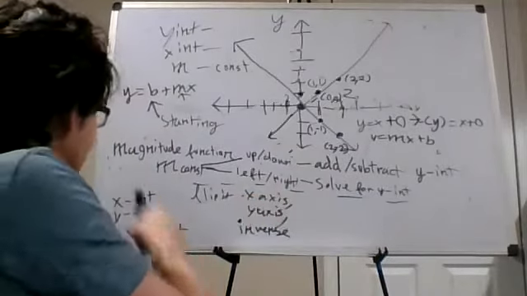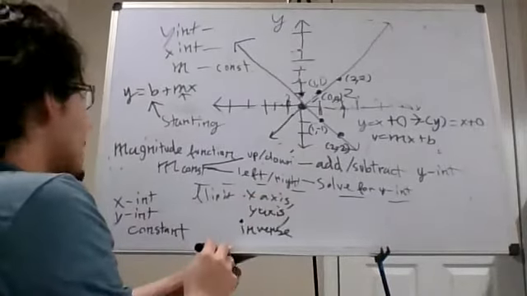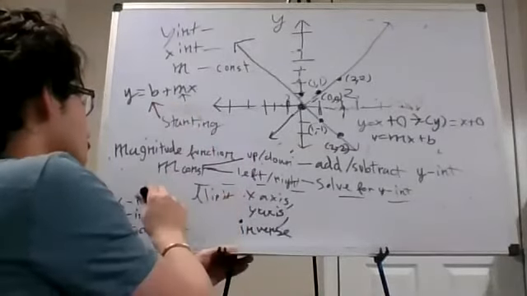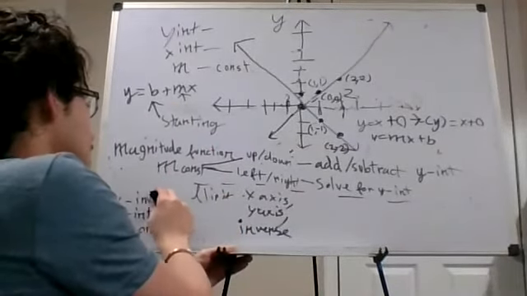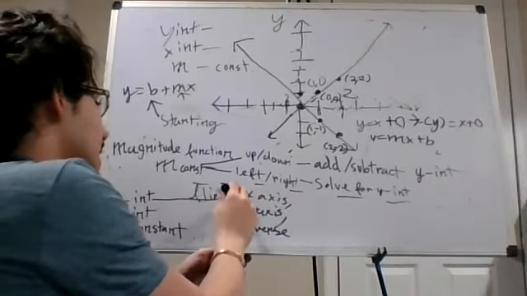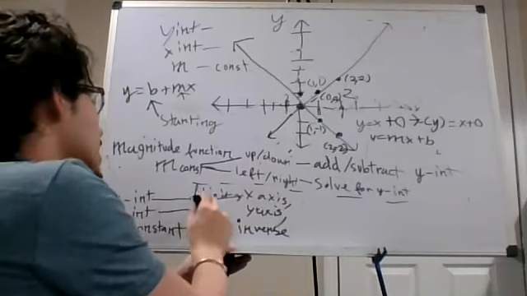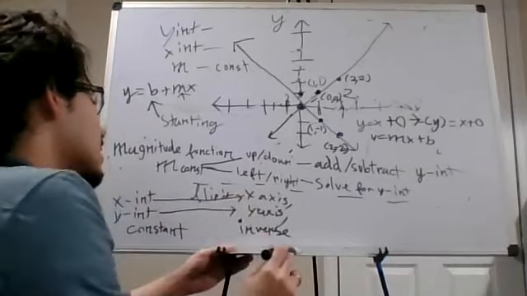Sorry. I meant to say that the x-intercept will stay constant when you flip over the x-axis, and the y-intercept will stay constant when you flip over the y-axis.